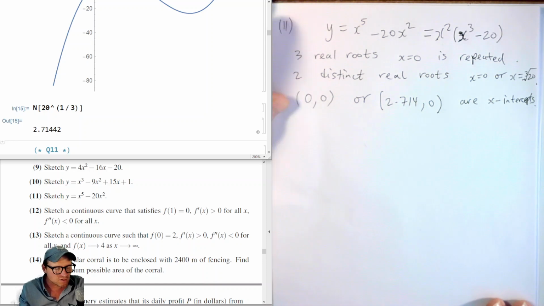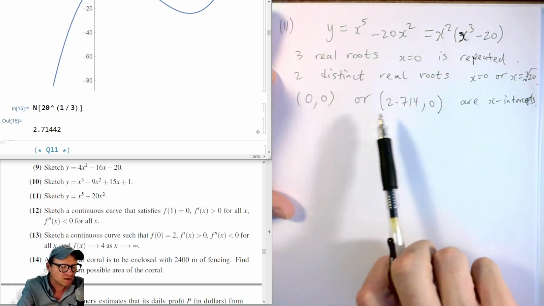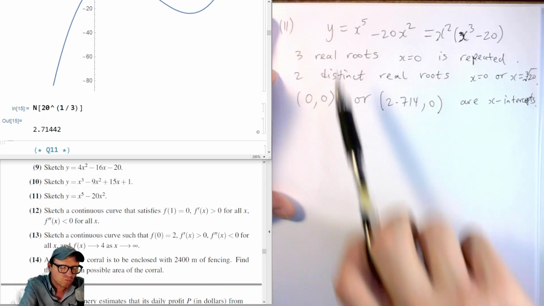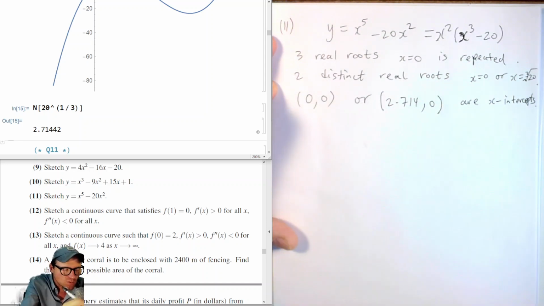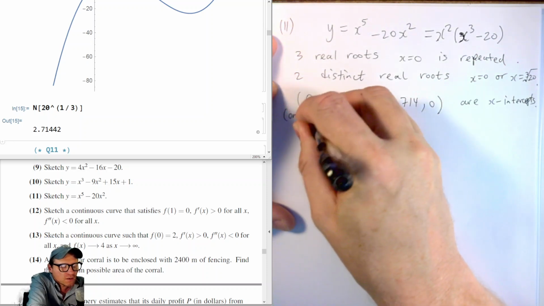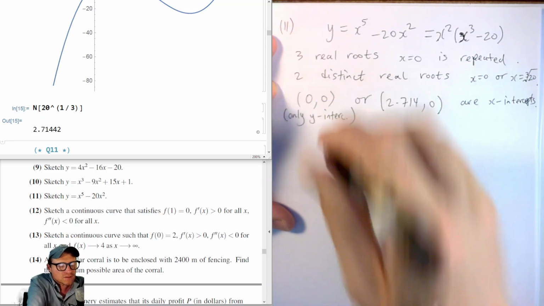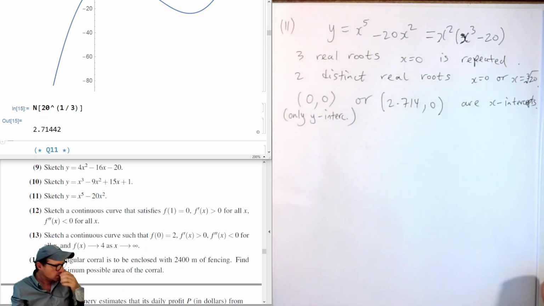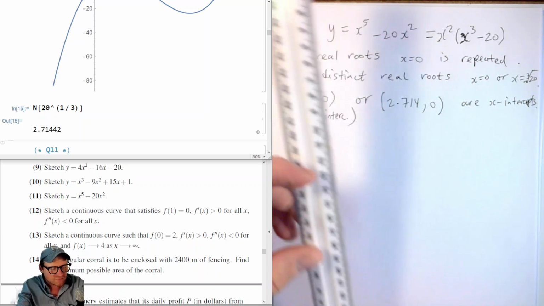Okay, so given that, let's move on to find, are there any y-intercepts? Yes, there is, because when x is 0, we have y is 0, so this is a y-intercept also, and it's the only y-intercept. Okay, all right, so let's start sketching this with what we have.